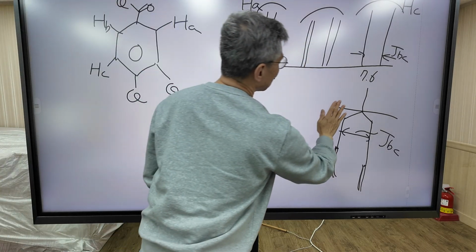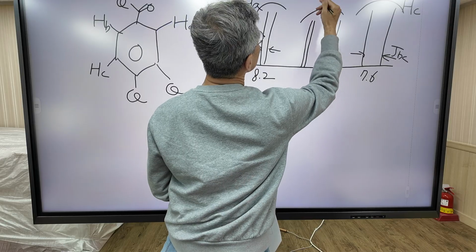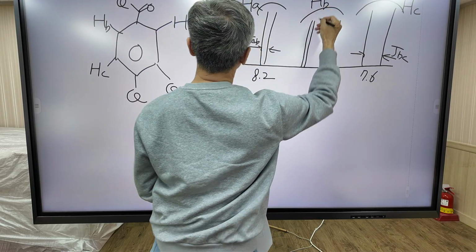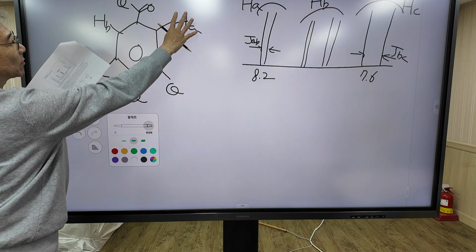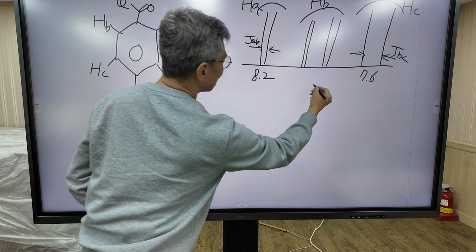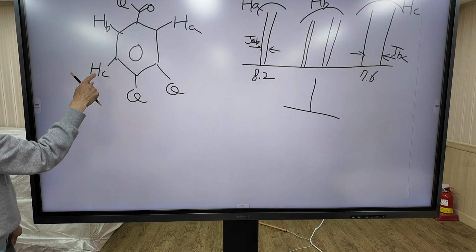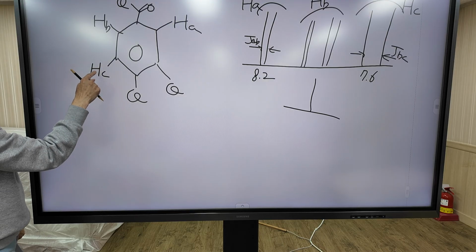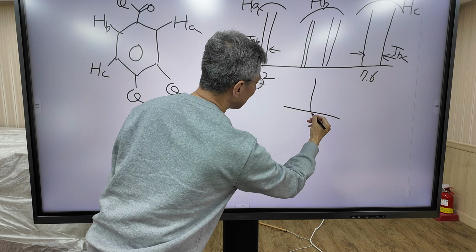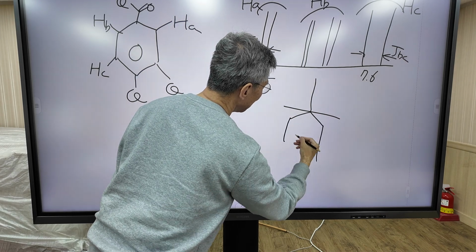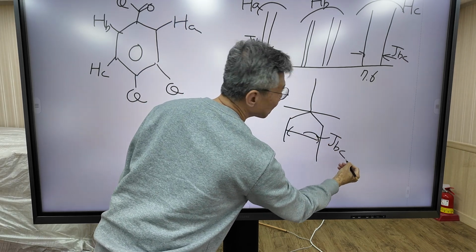Now this one comes from HB. Without the HA proton, HB would show a single line. But the HC proton is coupled to HB, so the peak is split into a doublet. The distance must be JBC.